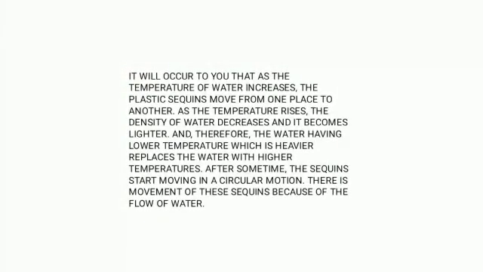Now we conclude that as the temperature of water increases, the plastic sequins start moving from one place to another. Why? Because as the temperature rises, the density of water gets affected. Density means how it becomes light or heavy.